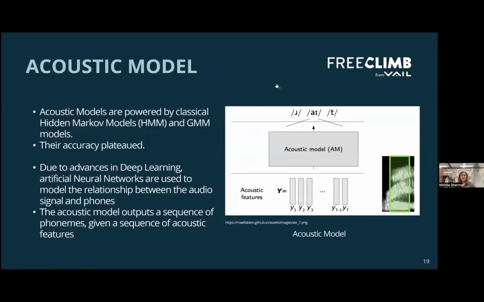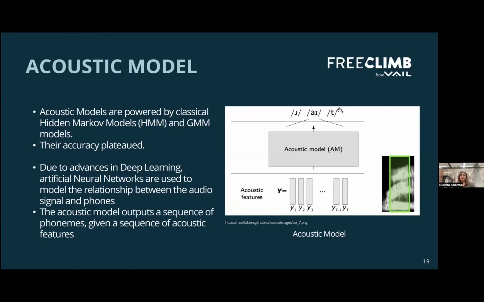So once you have that breakdown, essentially, we talked about features, we talked about phonemes. So now we need to understand the mapping between them. And that is done using either HMM, GMM models, or more recently, using neural networks. So the main idea is that the acoustic model is going to learn the relationship between a given sequence of features and map it to a given sequence of phonemes.